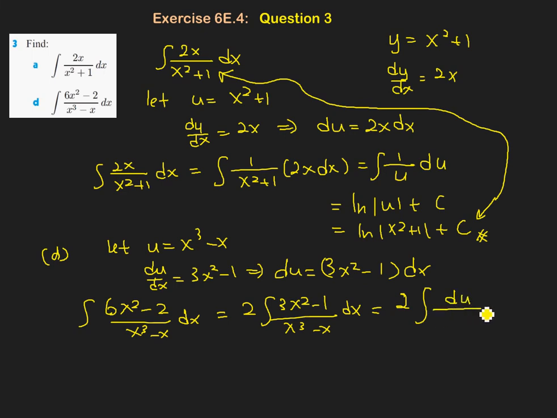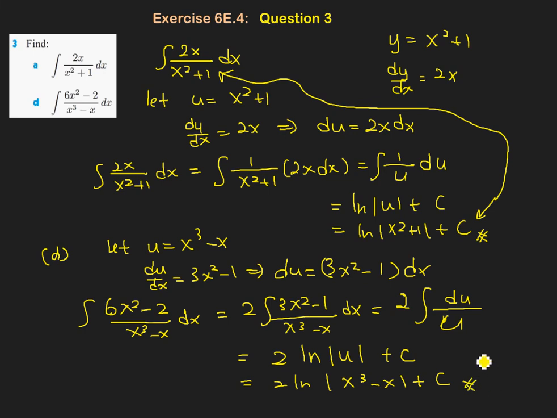And this x cubed minus x is u. So the result is ln absolute value of u plus c. Not to forget that u was this one to begin with. Then there you have it.